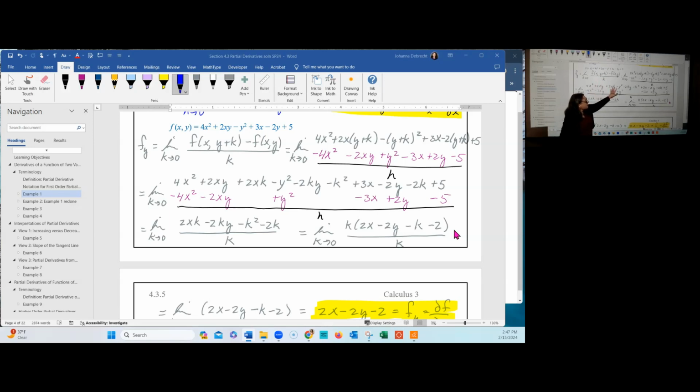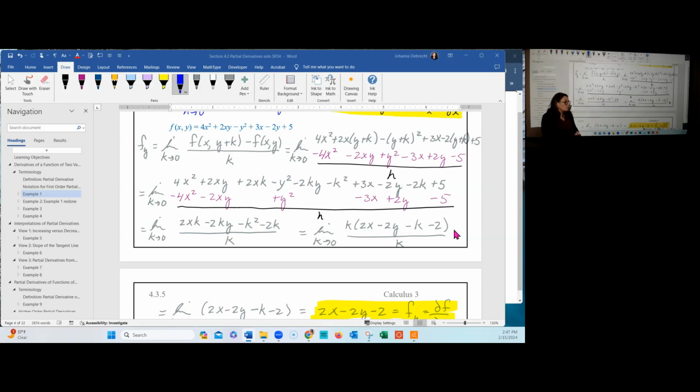When I multiply all that out and I look for like terms that cancel by subtracting the representation of the function, I'm left with the limit as k approaches 0 of 2xk minus 2ky minus k squared minus 2k all divided by k. Again, I have a common factor of k in every single term in the numerator.